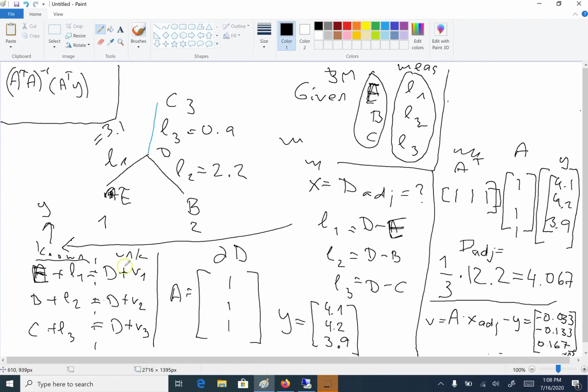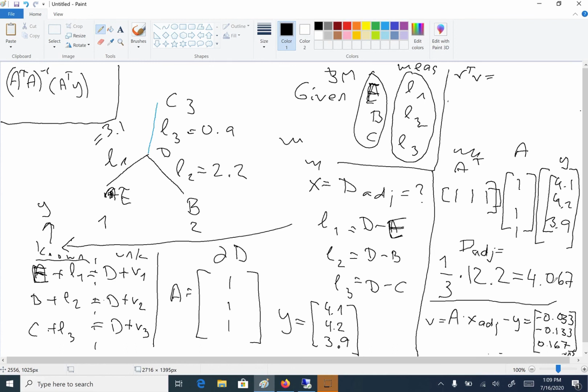Personally, I like to leave these out because they're just another distraction, but if you want to include these, they can be included. But with least squares, it's always implied that there's going to be a residual, and then the sum of the squares of the residuals, V transpose times V. So take the transpose of this and multiply it by V itself.